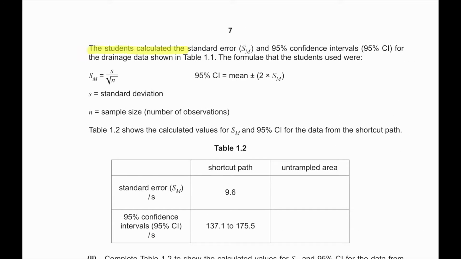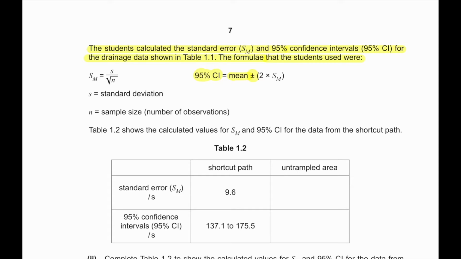The student calculated the standard error SM and 95% confidence intervals for the drainage data shown in table 1.1. The formula the student used for the 95% confidence interval was mean average plus minus 2 times the standard error.